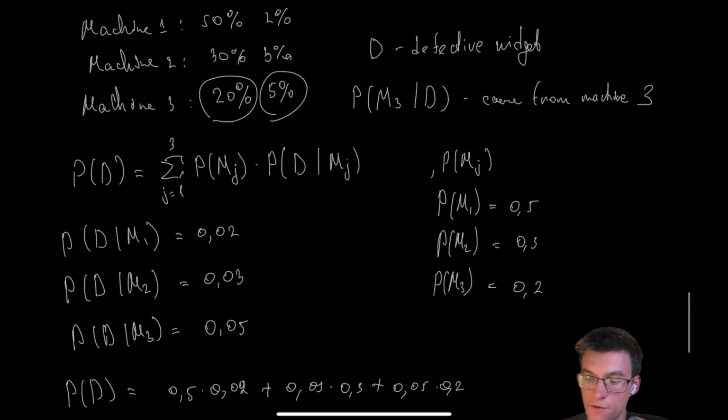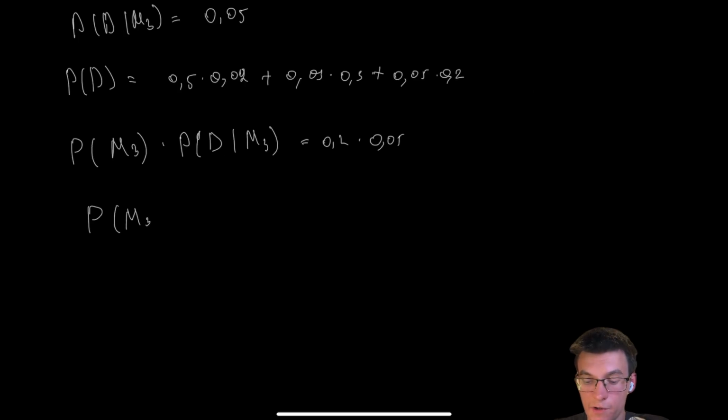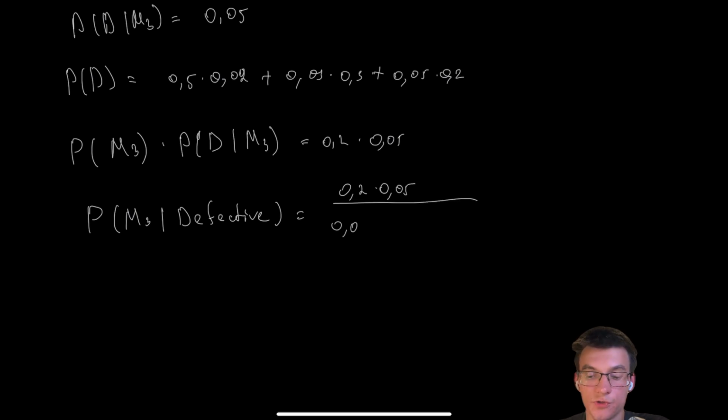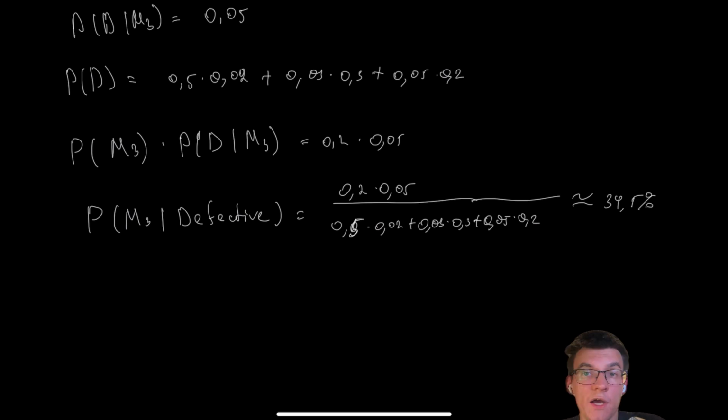So now we just need to compute this. The likelihood it came from machine M3, given this is defective, equals 0.2 times 0.05 over our total probability, 0.5 times 0.02 plus 0.3 times 0.03 plus 0.05 times 0.2, which is approximately 34.5%. Even though machine 3 has the highest defect rate, it only contributes 34.5% of defective widgets due to its smaller output.